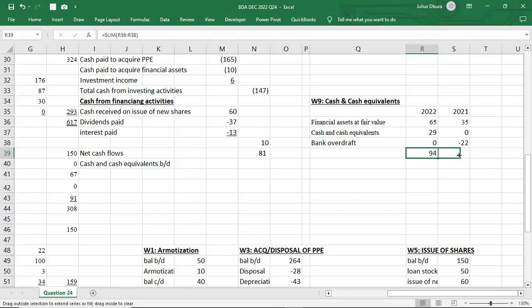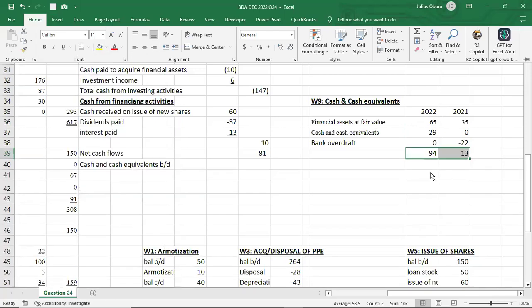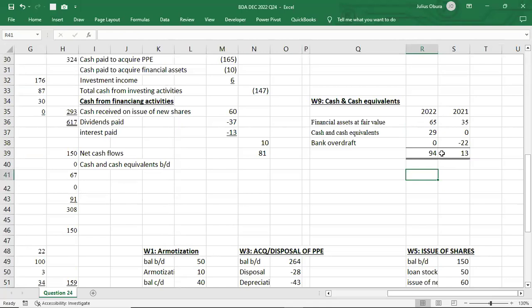Then I can autofill this. So from here, I'll simply give a top and double bottom border. So these are our cash and cash equivalents for the period.